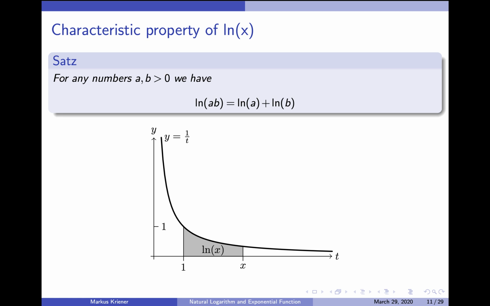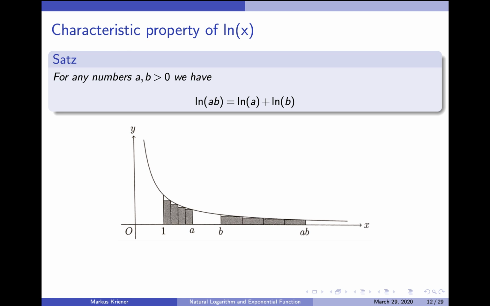Remember that ln x was defined as an area. If we can show that this area over the interval between 1 and a is the same as this area over the interval from b to ab, then we are done.